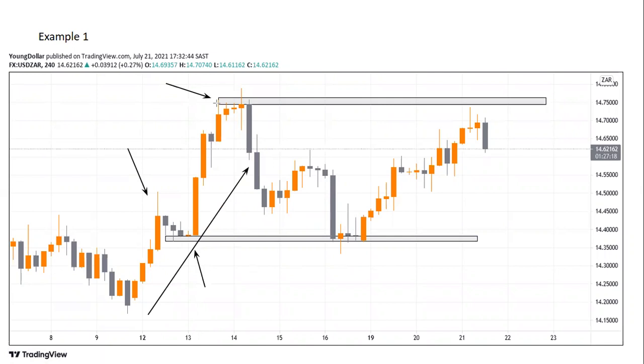Now, the market is showing us clear signs of pushing to the downside, right? If you have watched that video where we are analyzing this market, we had also identified this level here, to say that if the market fails to break that level, then we can see price pushing to the upside.